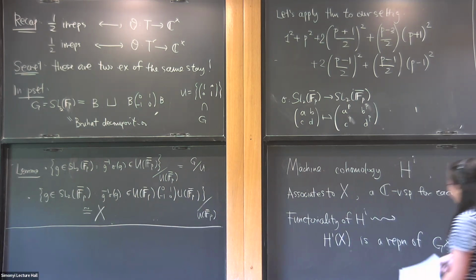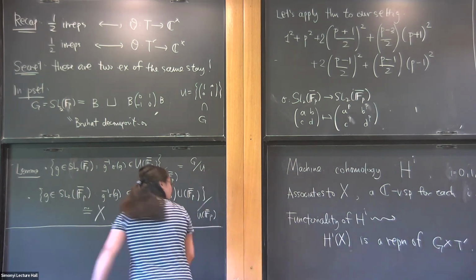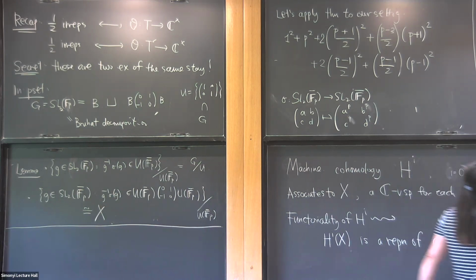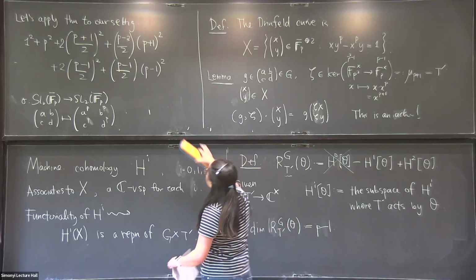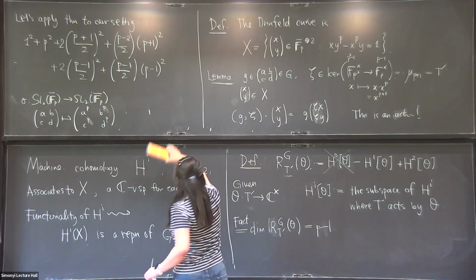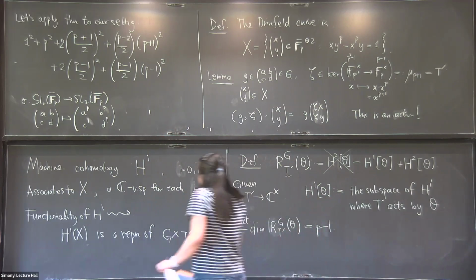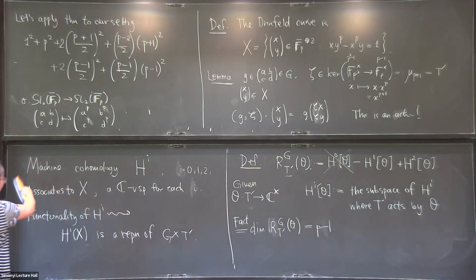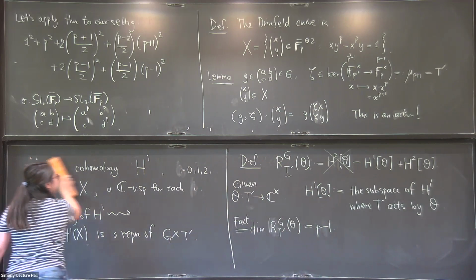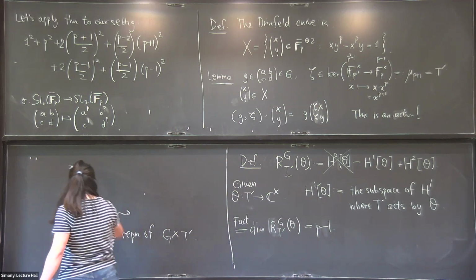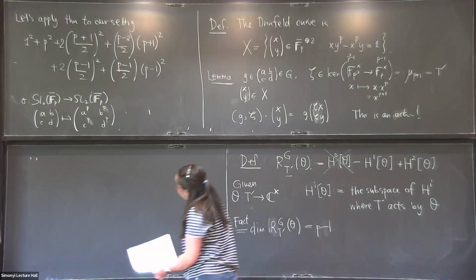But moreover, what did we have before? Remember this, cohomology, this is important. I will tell you what it means for G mod U. For G mod U, it's very easy.